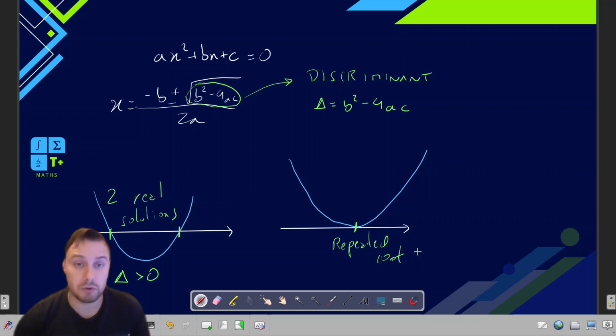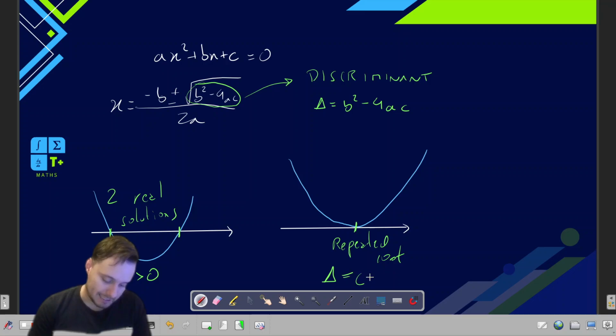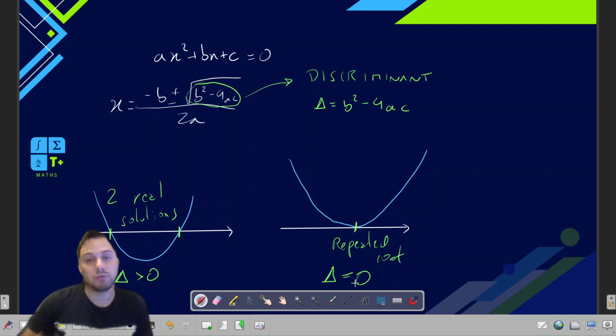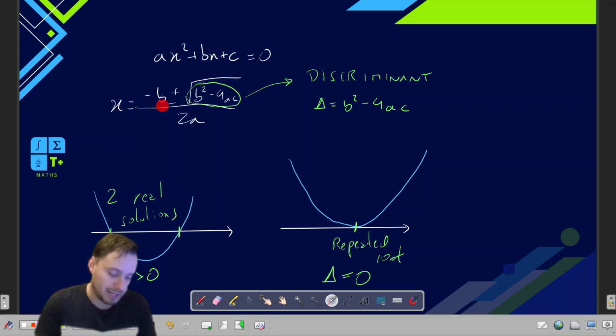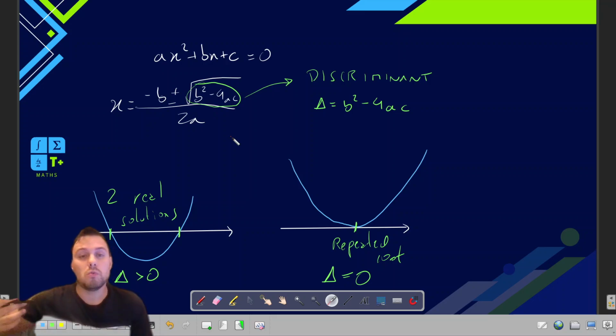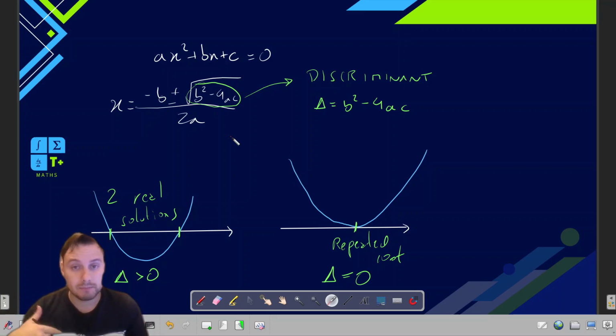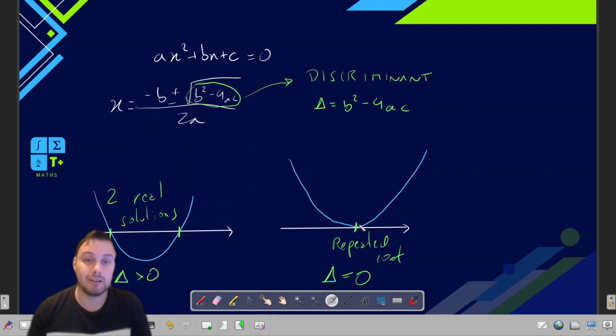It is only one real solution. This is the case when my delta is exactly equal to 0. Then the square root term, whether added or subtracted, gives the same result, and the value for x is negative b over 2a. From when we studied maximums and minimums, negative b over 2a is the vertex, so here the vertex and the root coincide.